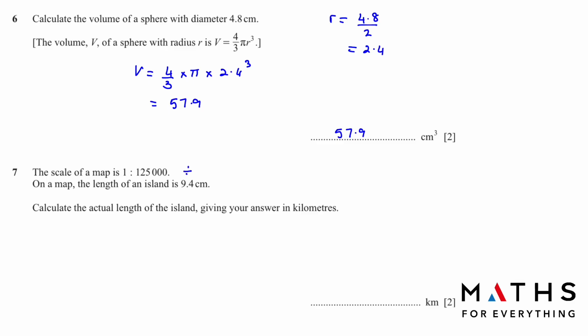We have to change it to kilometer, so divide it by 100,000. This will give you 1.25. Now on the map, it is 9.4 length, and the actual, let's keep it as x. We cross multiply. So 1.25 multiplied by 9.4 will give us 11.75 kilometer.